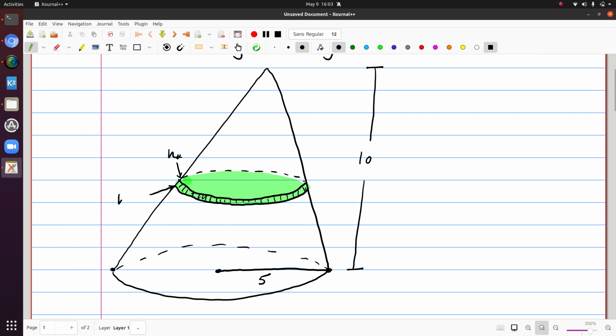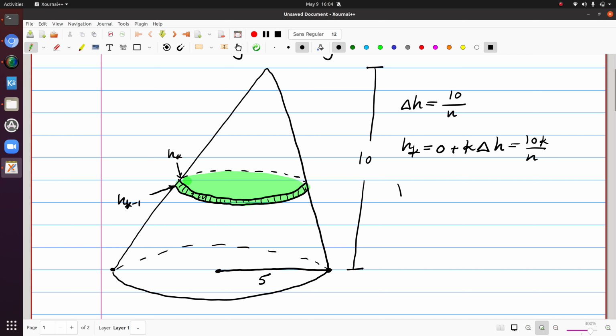This one would be h_{k-1}. Here, delta h is going to be the total height of 10 divided by the number of slices n. h_k is going to be 0 plus k delta h. Again, I'm assuming that this cone can be placed on the ground. And so we get 10k over n.